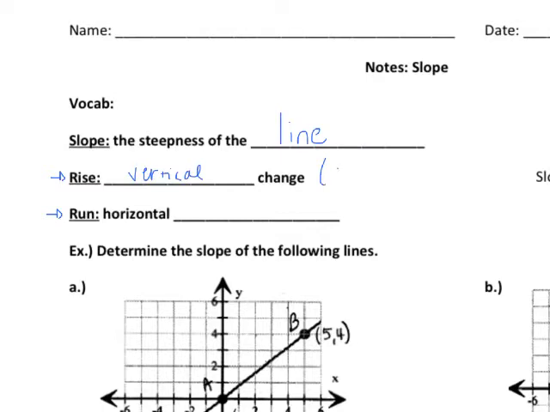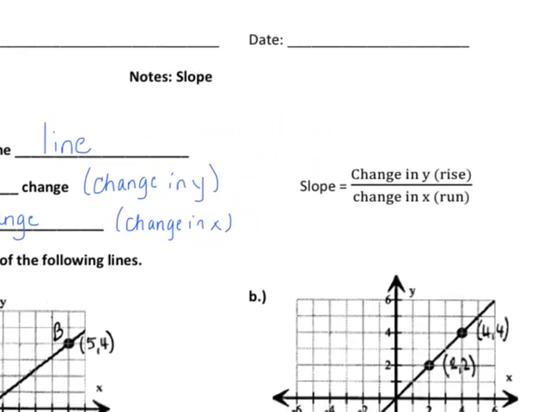So we're looking at our change in Y values. The run is our horizontal change. Horizontal, remember, is the horizon. It's side to side. So this one, we're looking at the change in our X values.